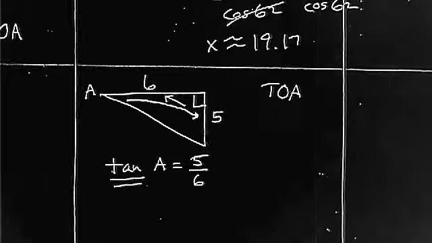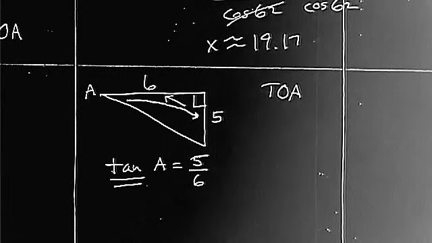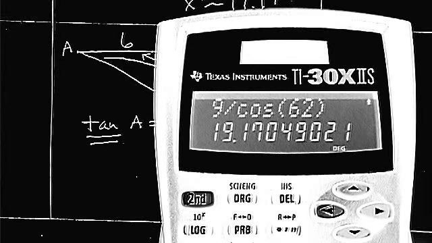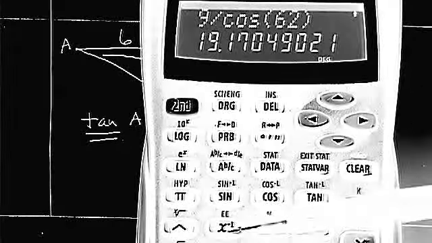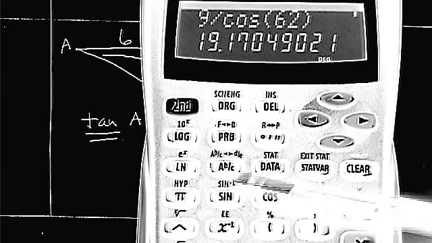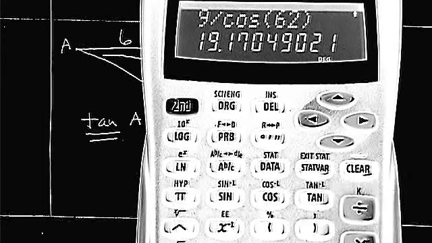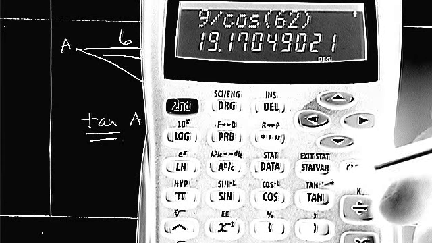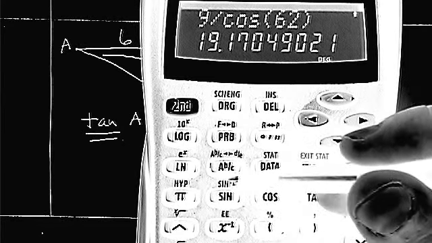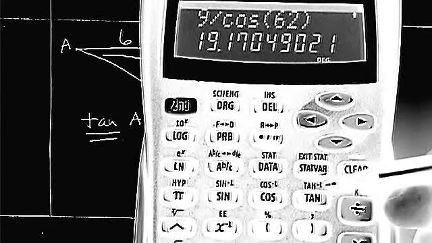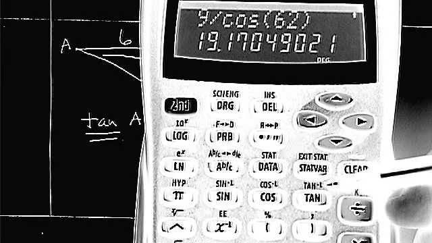So we need to get rid of tangent. Here's the cool part. If you look at your calculator and you have the buttons that say sine, cosine, and tangent, right above them they say sine inverse, cosine inverse, tangent inverse. Those inverse functions with the little -1 there are the ones that will find the angles. So of course we're going to be using tangent inverse for this problem because we're dealing with tangent.